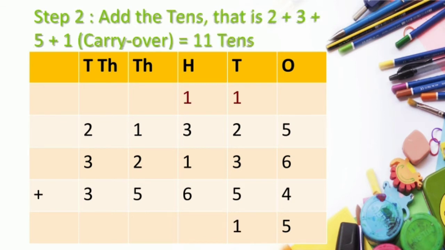Second step, add the tens, that is 2 plus 3 plus 5 plus 1 equal to 11 tens. Regroup 11 tens as 1 hundred plus 1 ten. Write 1 under the tens column and carry over 1 hundred to the hundreds place.